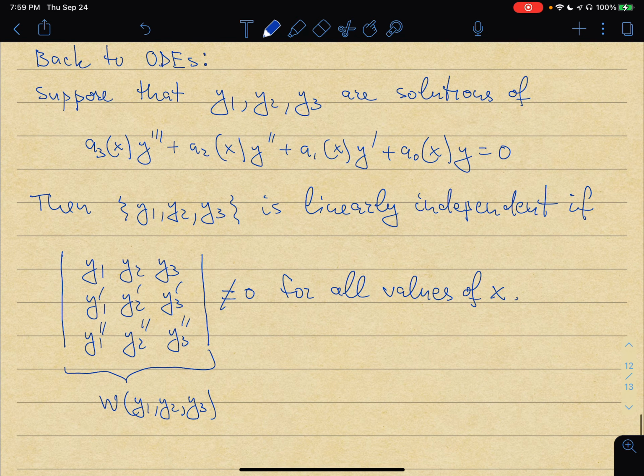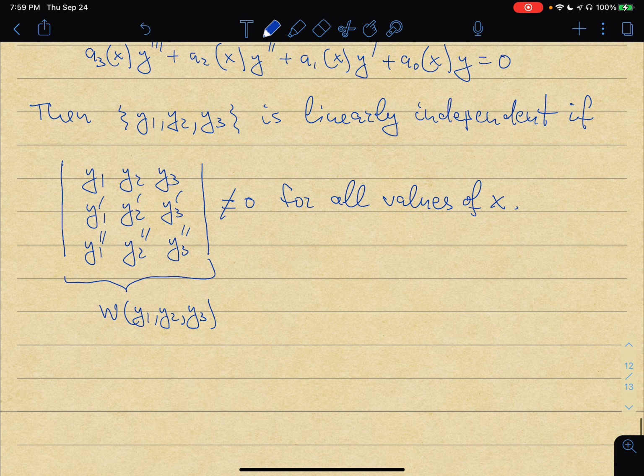So, whenever you found the solutions of your homogeneous ODE, how can you determine if they're linearly independent? Simply by computing the Wronskian. So if the Wronskian is never zero, then that means that your solutions are linearly independent, and then you can form a general solution out of it.